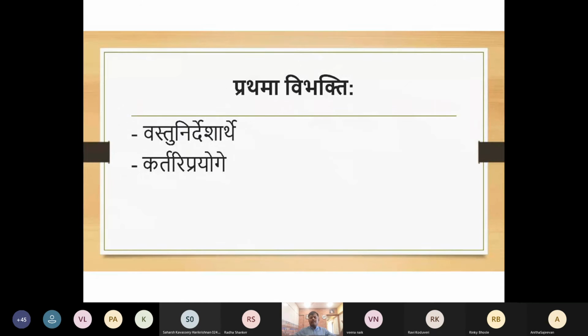Rama is killing Ravana. Ramaha Ravanam Marayati. Ramaha, that is Prathama vibhakti. Prathama vibhakti means the answer for that Kaha Marayati? Ramaha Marayati.